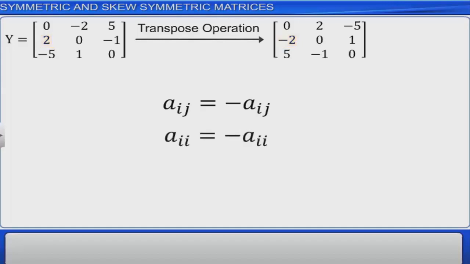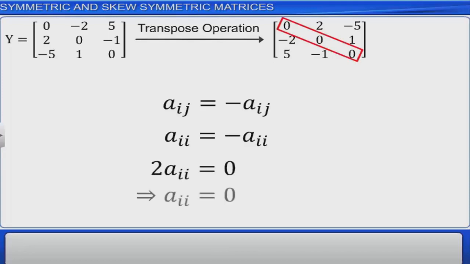If i is equal to j, then we have Aii is equal to minus Aii. Therefore, we have 2 Aii is equal to 0, or Aii is equal to 0. It means that all the diagonal elements in a skew-symmetric matrix are equal to 0. This is evident in matrix Y.